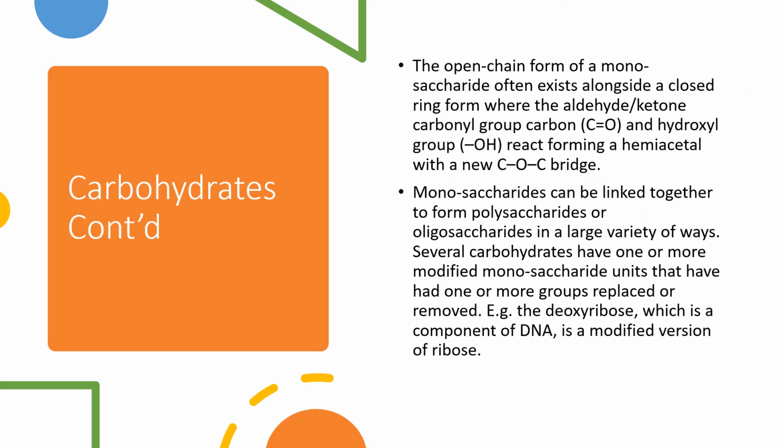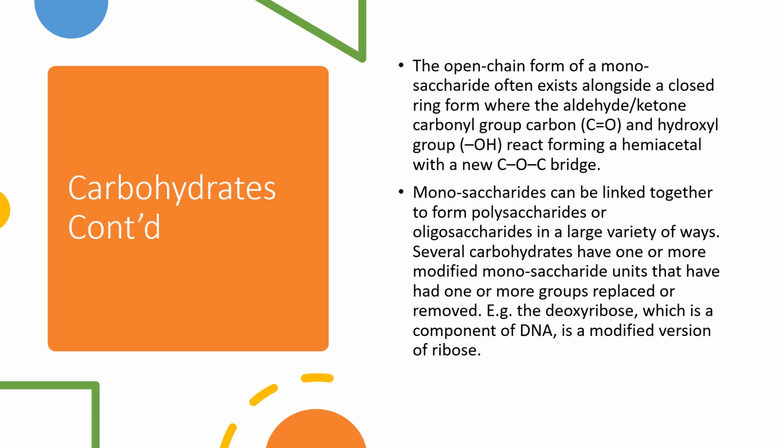The open-chain form of a monosaccharide often exists alongside a closed ring form where the aldehyde or ketone carbonyl group carbon, C=O, and hydroxyl group, OH, react, forming a hemiacetal with a new C-O-C bridge.